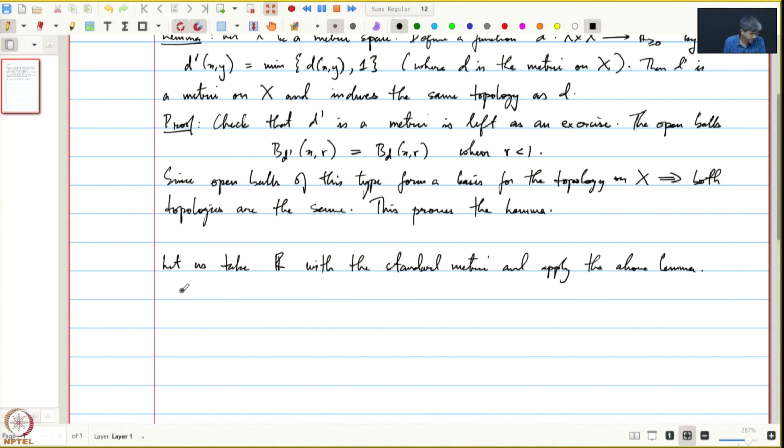Then we get that d prime of x comma y, defined to be the minimum of the absolute value of x minus y comma 1, defines a metric on R which induces the standard topology.